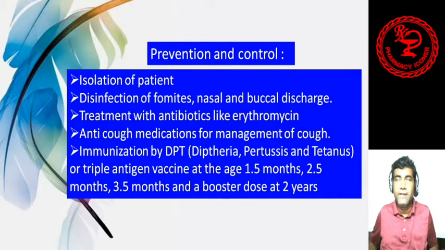Immunization by DPT vaccine: pertussis is whooping cough, and the DPT contains three antigens: diphtheria, pertussis and tetanus. The triple antigen is given at the age of 1.5 months, 2.5 months and 3.5 months, followed by a booster dose at 2 years.